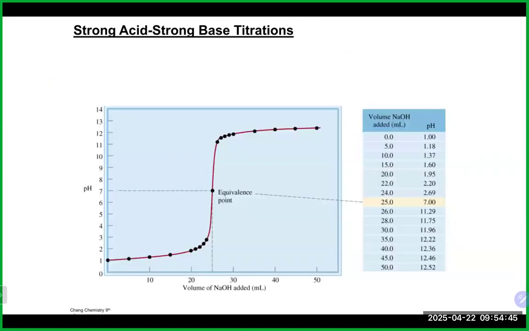The first type of titration we're going to talk about is a titration of a strong acid and a strong base. And just for reference's sake here, let's just say we did hydrochloric acid plus some sodium hydroxide. So that is a strong acid and a strong base.